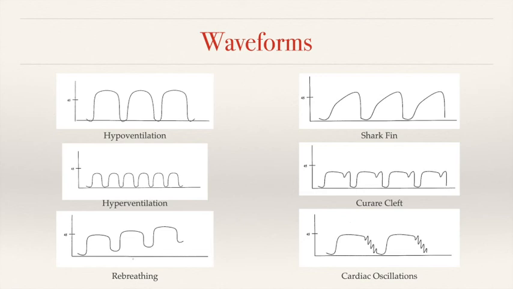Looking at these shark fins, what was flat has now been slanted down towards the left, and that is a prolonged, gradual exhalation of CO2. So a little bit's coming out, and as you keep breathing, more and more comes out. It's not all coming out at once, and that's why we're presenting with the shark fin. So this is going to be very indicative of bronchoconstriction, so our asthmatics or our COPDers with exacerbation.